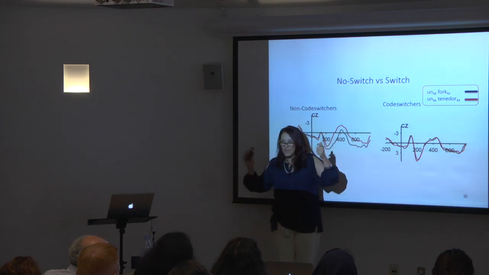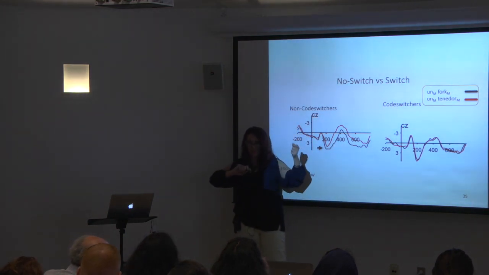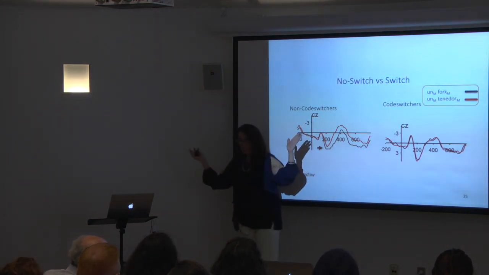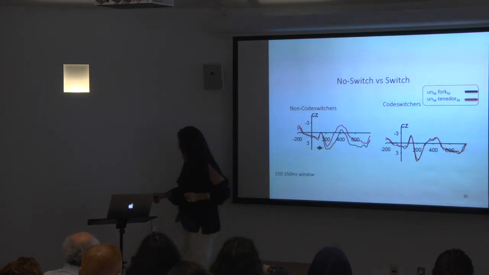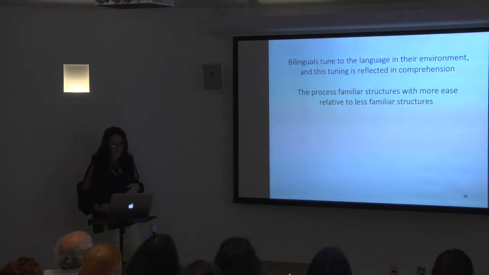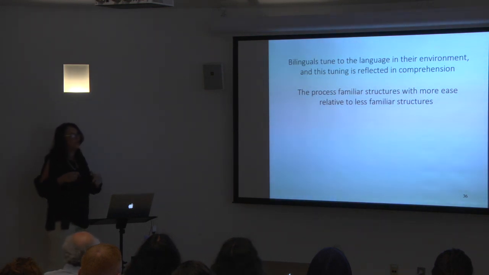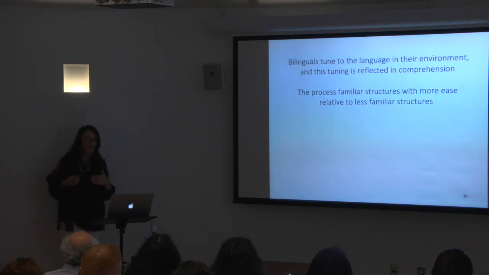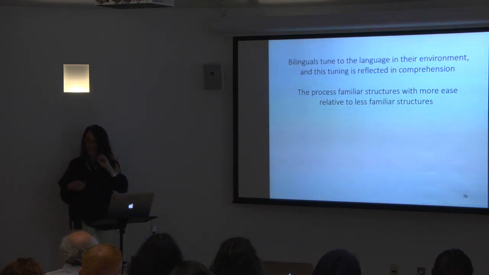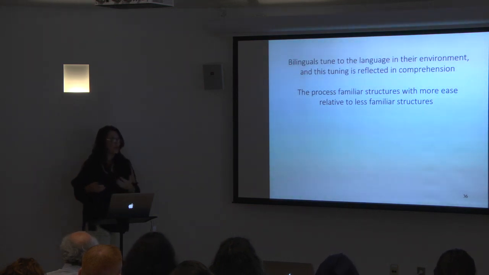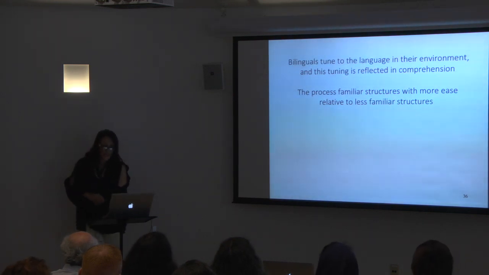For them, processing something that is code switched or something that is completely unilingual doesn't really matter, doesn't affect their system. And so what we're showing is that these bilinguals are tuning to language in their environment, and that this tuning is reflected in how they are comprehending, how their brain is processing language. So they process familiar structures with more ease relative to unfamiliar structures.